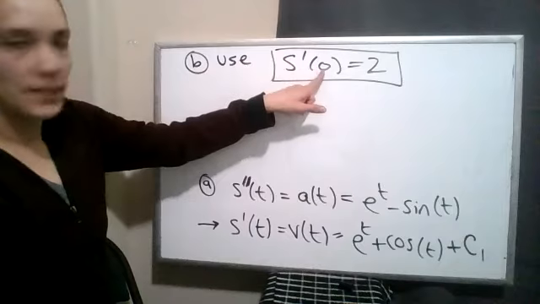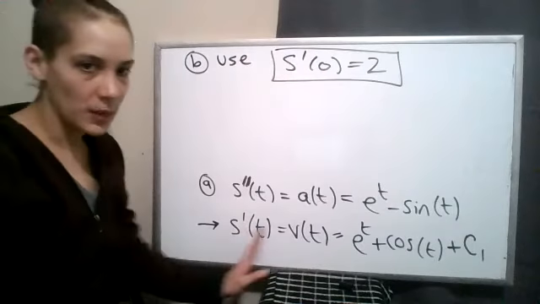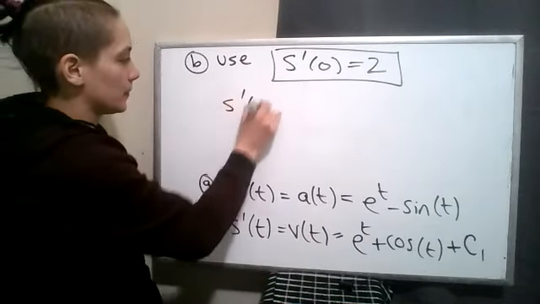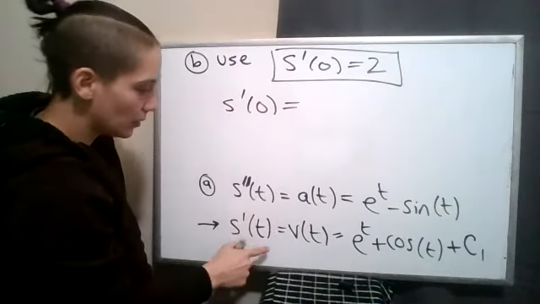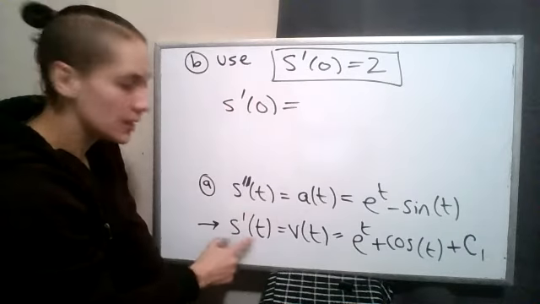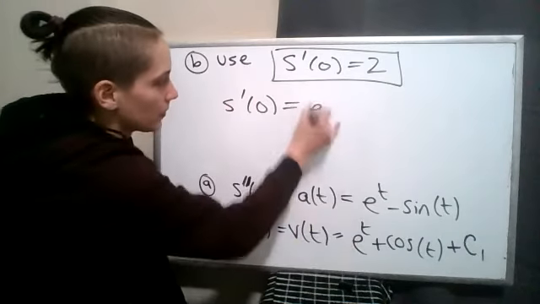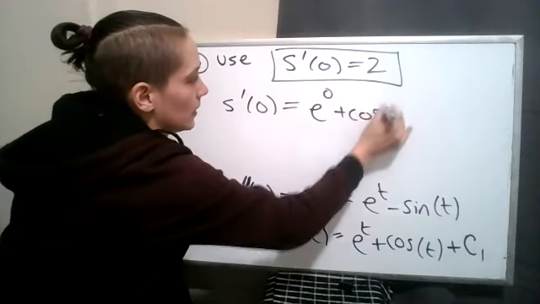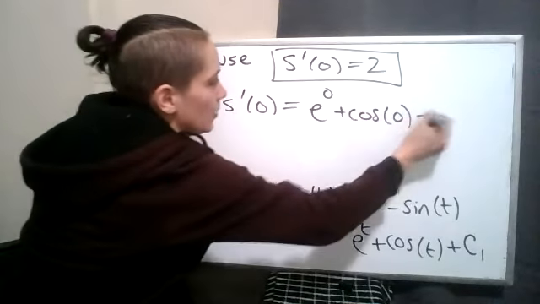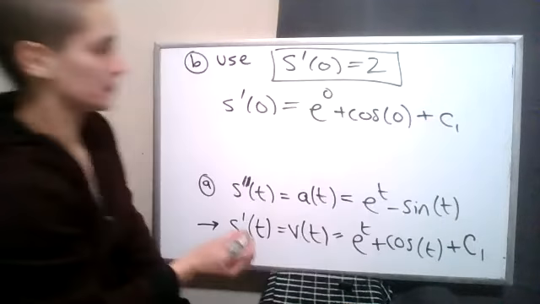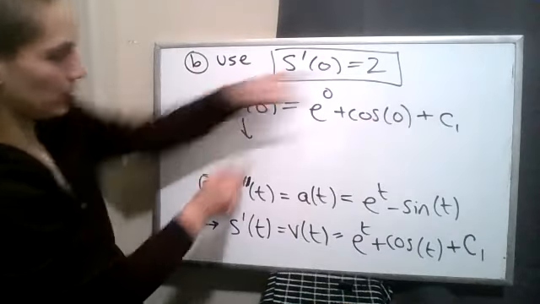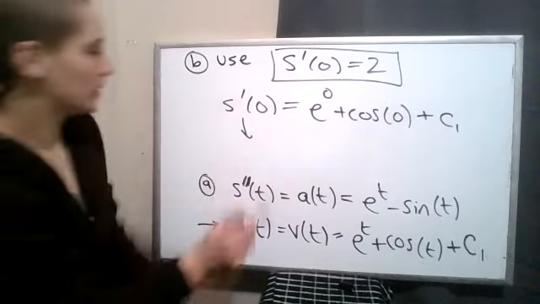So put 0 for t into the s prime of t function that you found. So 0 for t is an e to the 0, add cosine of 0, add c sub 1. Okay, s prime of 0 replaced with that number, 2.